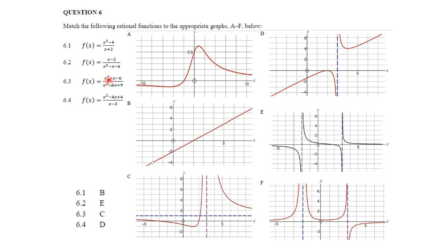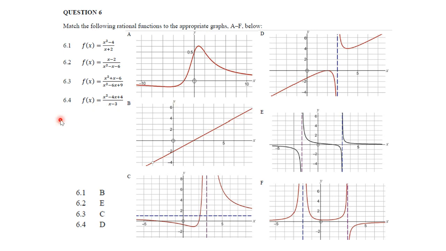The degree is the same at the top and the bottom, so I have a horizontal asymptote of y equals 1, and there's my giveaway. There could be other options that might take you in the direction of C, but that was it for me. So I've got my C, and then the other one by process of elimination.